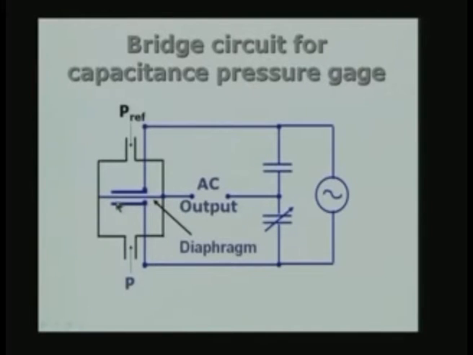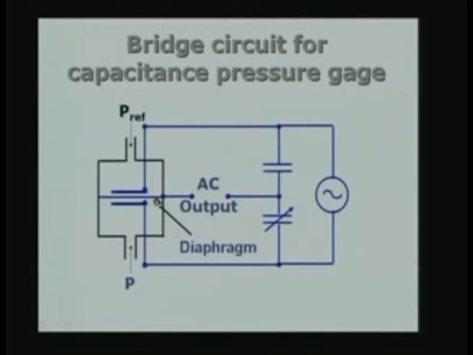One side of the cylinder is subjected to the reference pressure, which may be the atmospheric pressure or it may be vacuum depending on the application. On the other side, I am going to apply the pressure which I want to measure. So, this diaphragm is going to be subjected to the higher pressure on this side and the lower pressure on this side or vice versa. So, there is a pressure difference across this diaphragm.